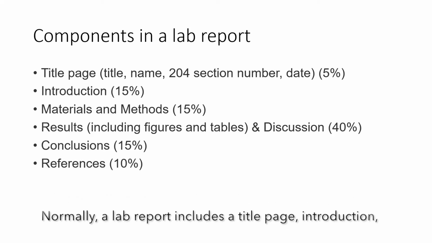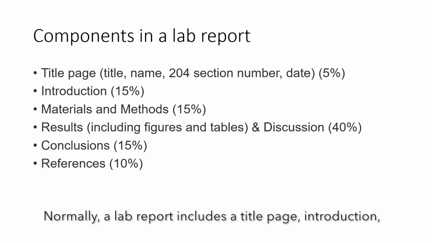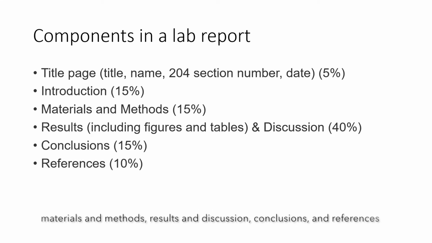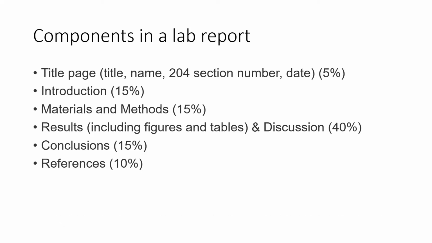Normally, a lab report includes a title page, introduction, materials and methods, results and discussion, conclusions, and references. First one is the title page.